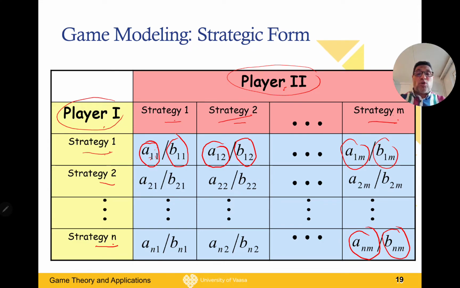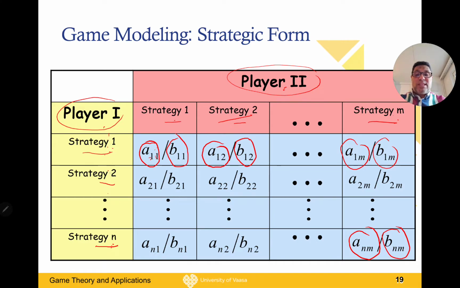So every player will try to play the strategy which maximizes their payoff.